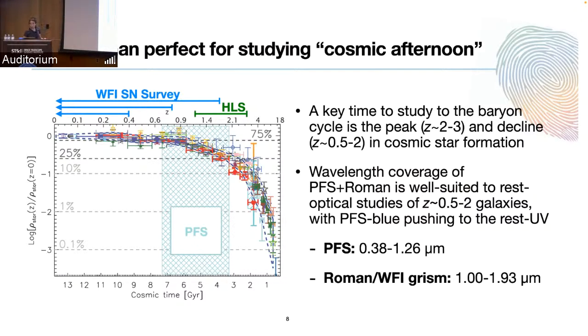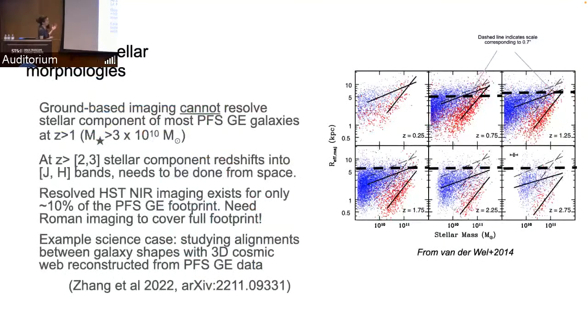Of course, we're also excited about having detailed morphologies for the galaxies in PFS. HSC is amazing and, as has been said multiple times, probably the best you can do from the ground until LSST, but we won't be able to resolve most of the PFS galaxies with the HSC data, although it's great for selection. We can do that with Roman in the rest-frame optical. Lots of good science to do. One example would be intrinsic alignments.